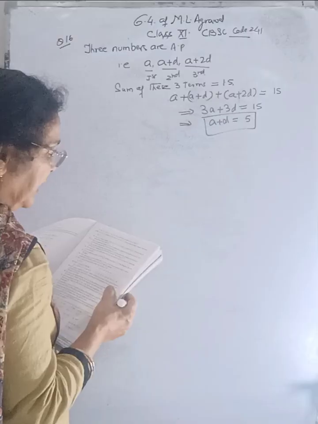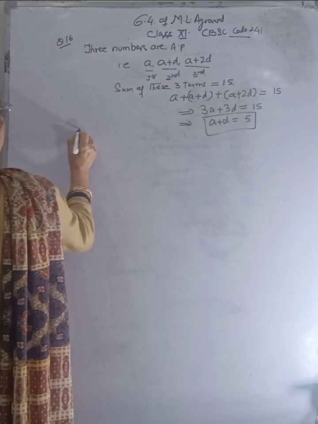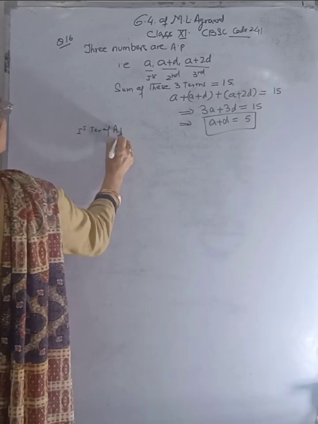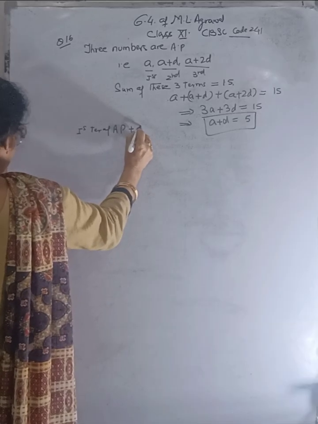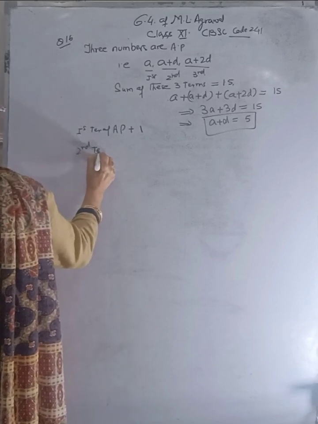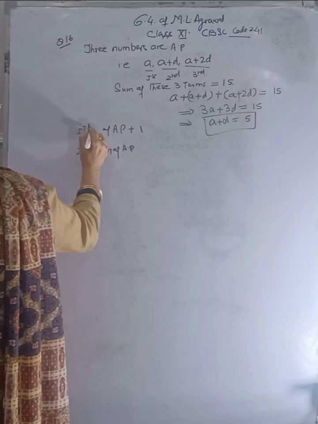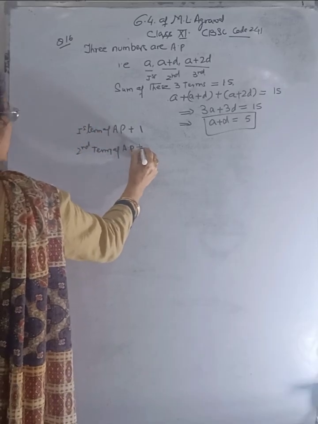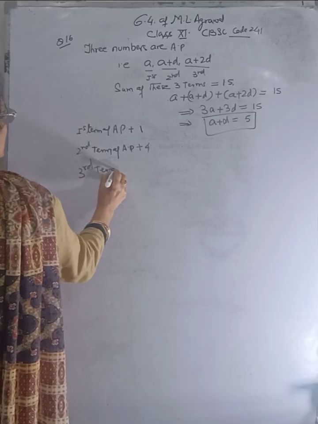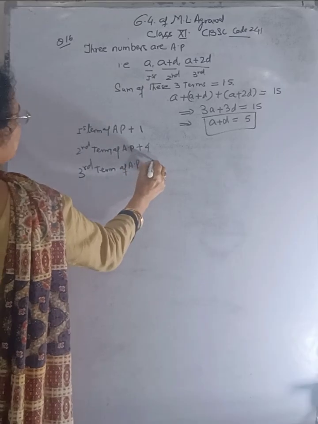If 1, 4 and 19 are added to these numbers respectively, it means the first term of AP is added by 1, the second term of AP will be added by 4, and the third term of AP is added by 19.